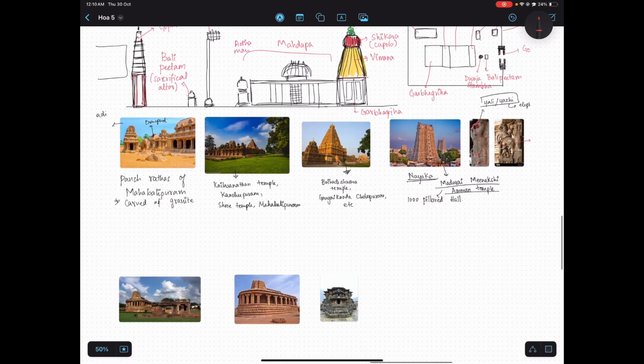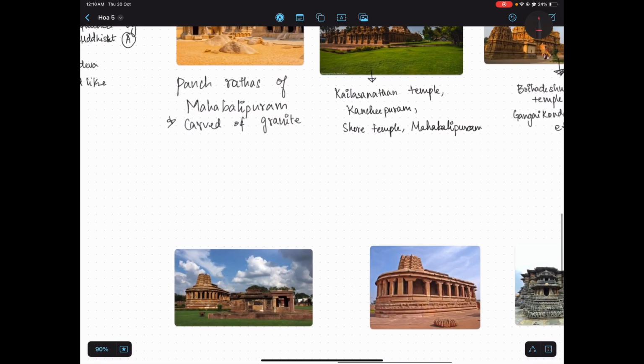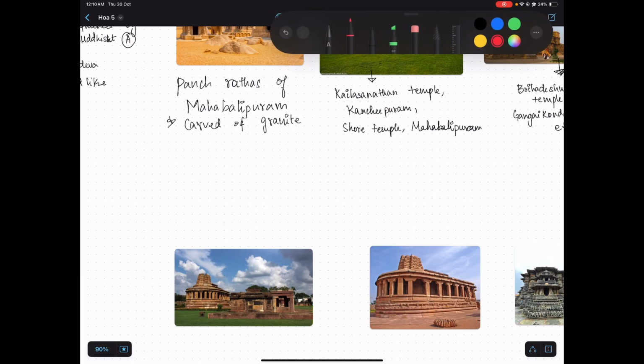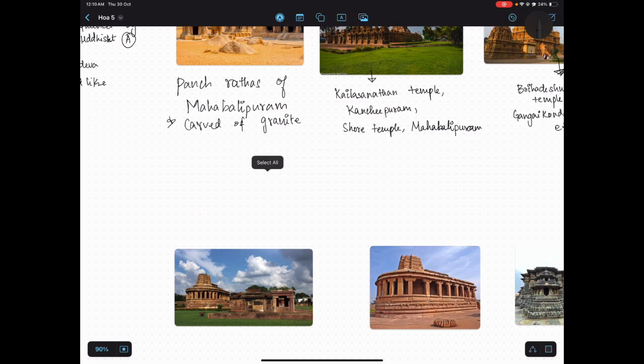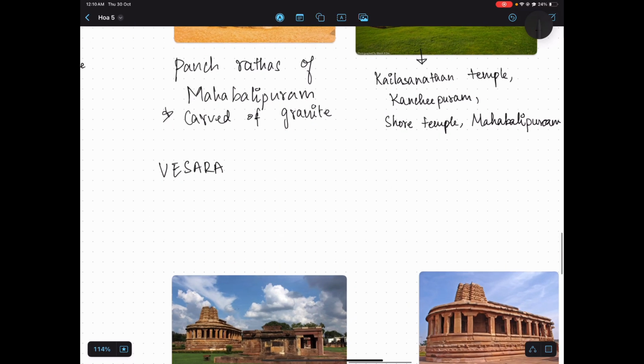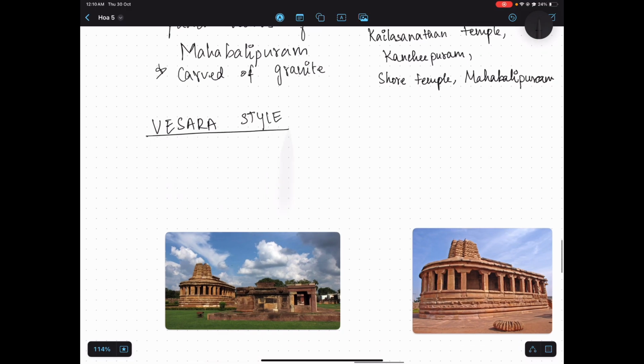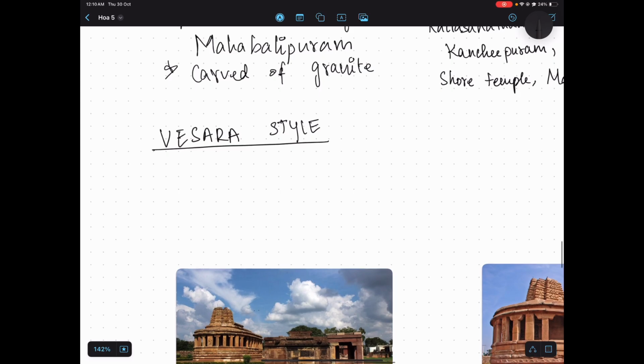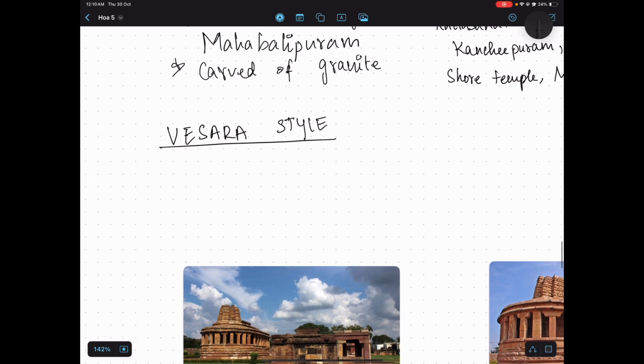Then we can move on to the Vesara style. Firstly, Vesara style is the mixture of Nagara plus Dravidian.